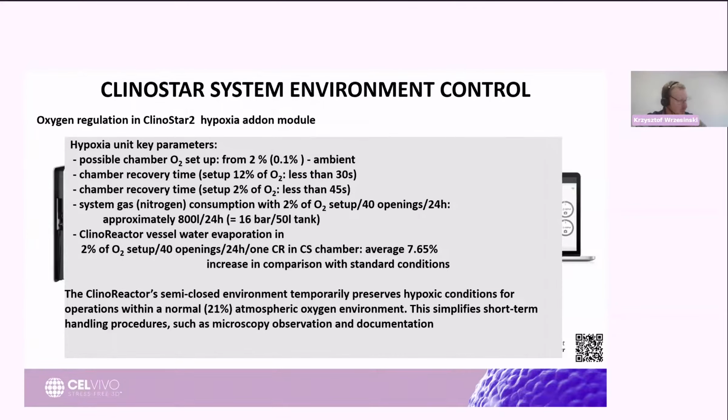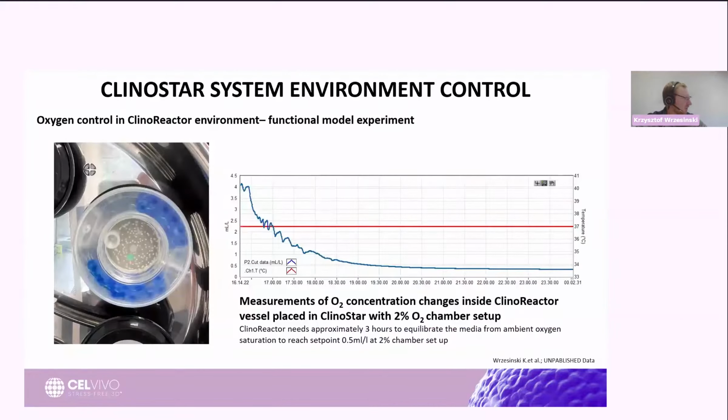And that's what we have shown here: if you set up your atmospheric levels to 2% in the ClinoStar, you will get 0.5% in your Clino reactor in your liquids. So of course, we know that some cancer constructs really need to go low in oxygen, and yes, it's possible.